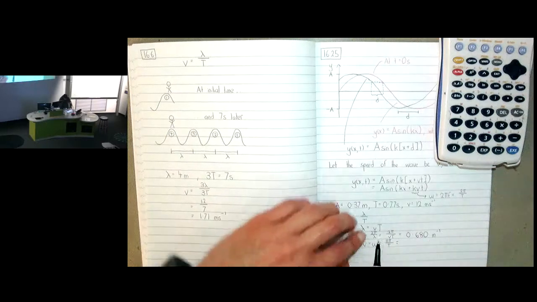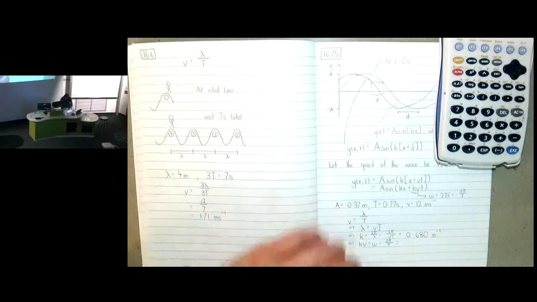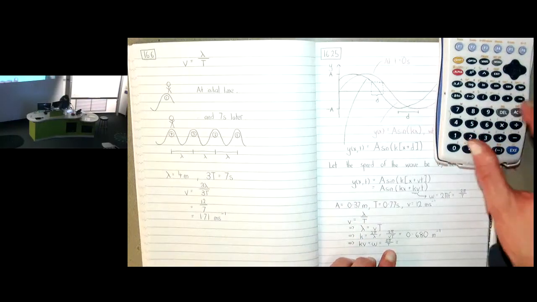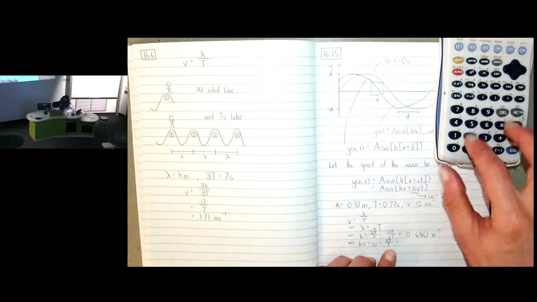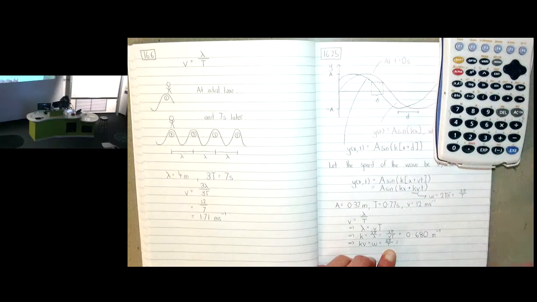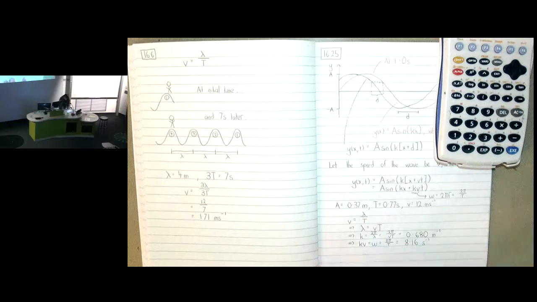I know it's in inverse meters because it's 2 pi divided by the wavelength, and the wavelength is in meters. For the angular frequency, we get 2 times pi divided by the period, which is 0.77, which gives me 8.16 per second, so seconds to the negative 1.